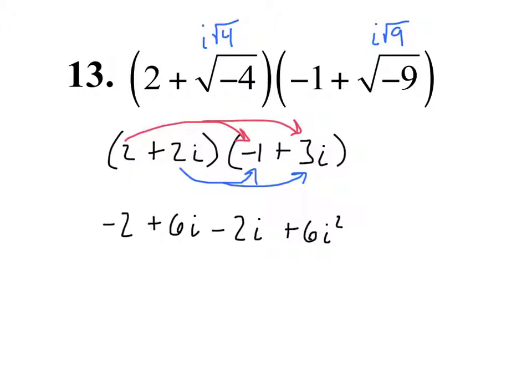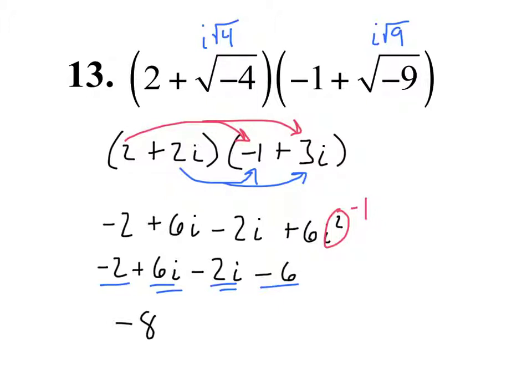Well, what's i squared? Negative 1. And we combine our like terms. So negative 8 plus 4i.